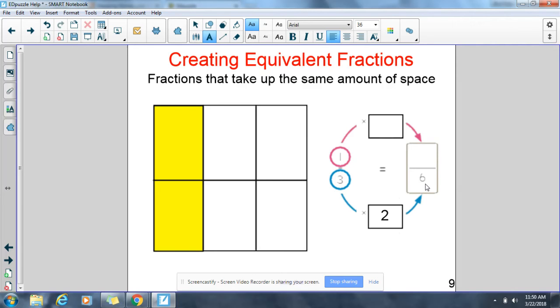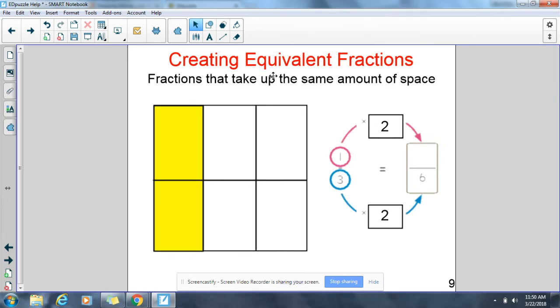Now remember we talked the other day too about whatever you do to the bottom, or your denominator, you're also going to do to the top. Because notice what I did here. Look at my yellow piece. Before I only had 1 yellow piece. Now I've got 2. So again, I'm going to do the exact same thing to the top, times 2.